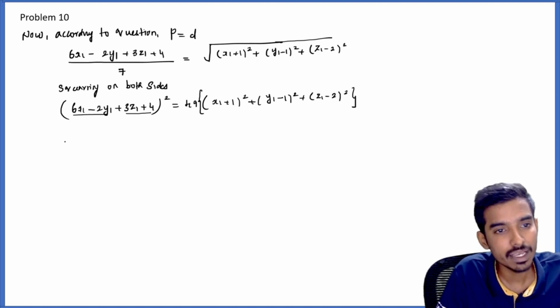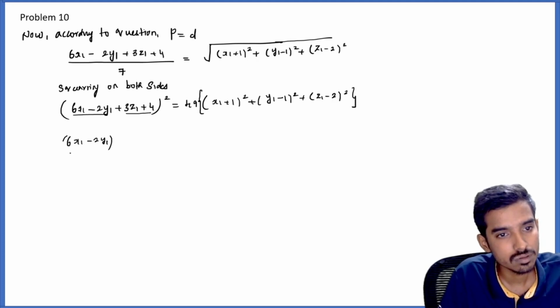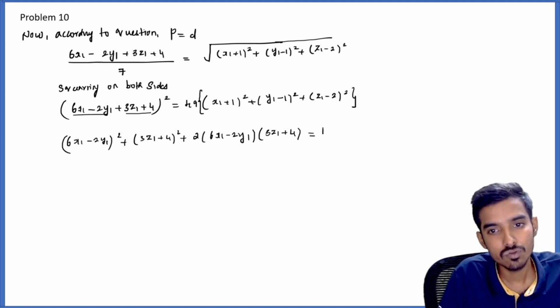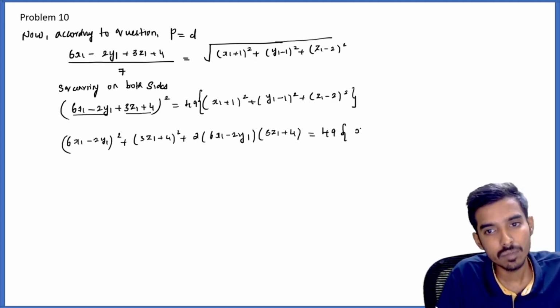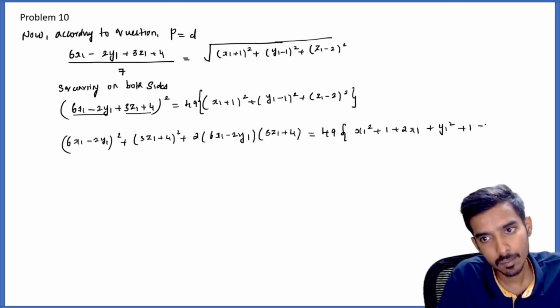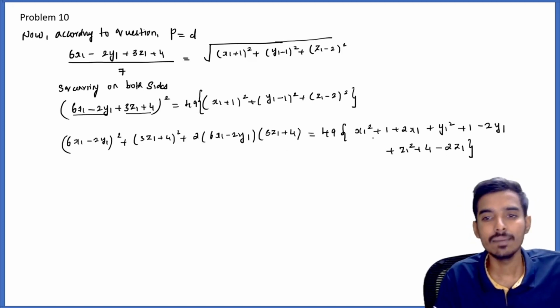So (a + b) whole square is a square plus b square plus 2ab, is equal to 49 into this, which will be a square plus b square plus 2ab, this will be a square plus b square minus 2ab, and this will be a square plus b square minus 2ab. Multiply this 49 inside.